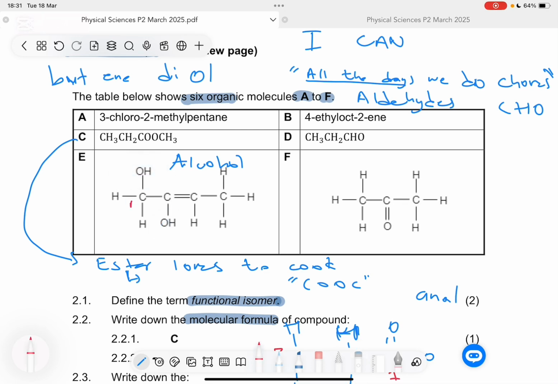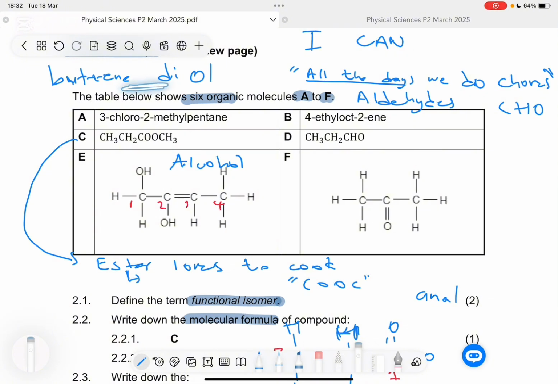So this would be carbon 1, this would be carbon 2, this will be 3, and this will be 4. If I want to specify the position of my double bond, the ENE here, it is here at carbon 2. So here I'm going to have a dash and a 2 and a dash.